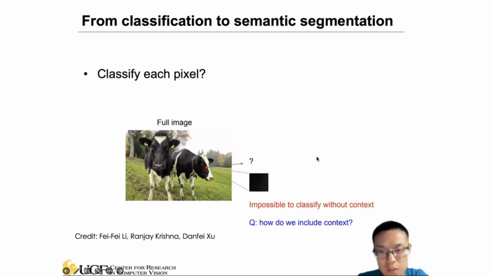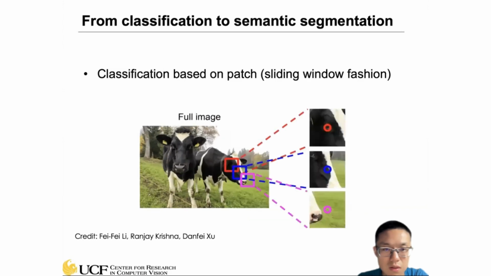So maybe we can inject some context, as Nashar just mentioned. Maybe we can take a small patch. If we want to classify a pixel, we take that pixel as the center and crop out a small patch, so we have some context around the center pixel.